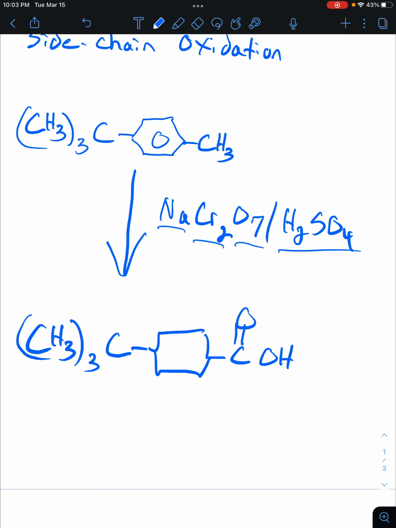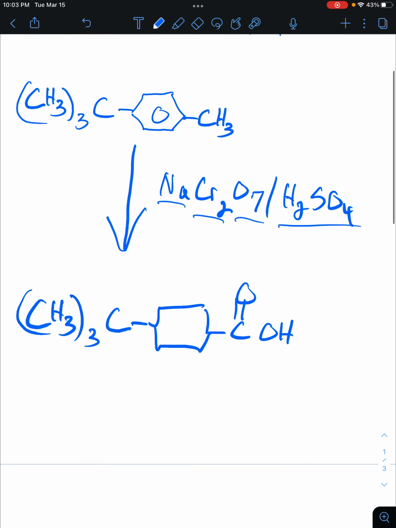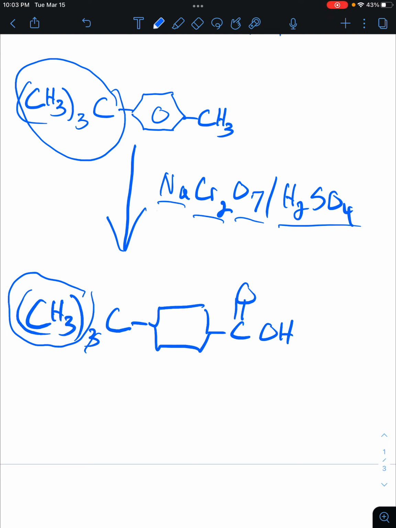So what happened? Nothing happened on this side because you didn't have any benzylic hydrogens. There are no hydrogens on this carbon. You have all methyl groups. This group right here is taken 3 times, so we could express this like that.